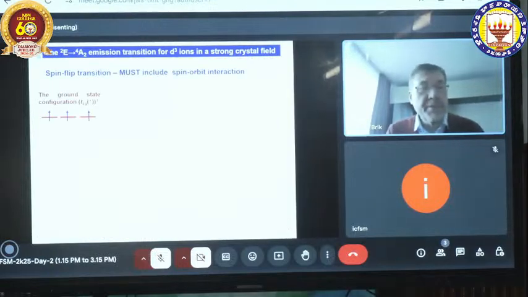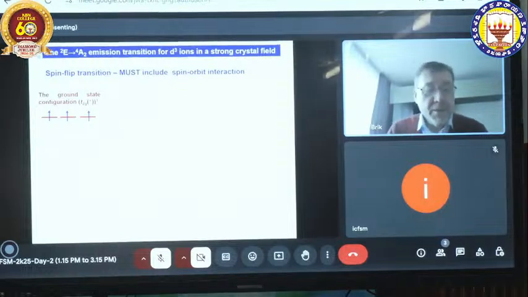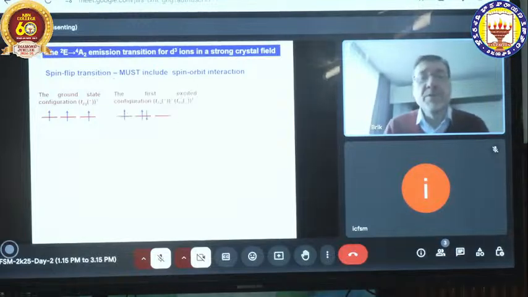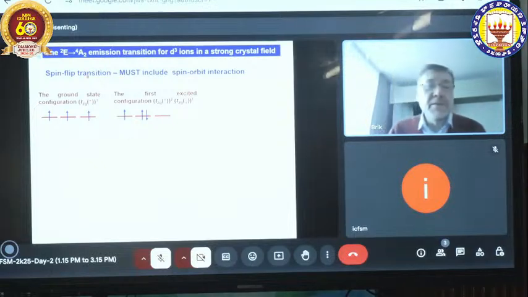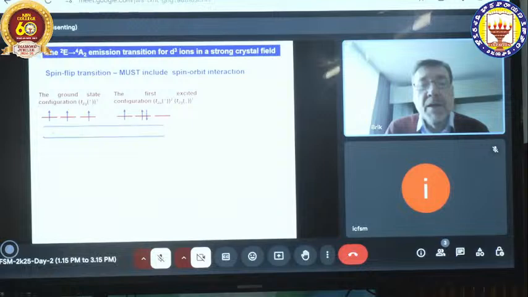If we speak about this spin-flip transition, an essential feature is that it should include the spin-orbit interaction. Now I analyze in some detail the configuration with T2g spin up 2 times and T2g spin down 1 time. Then we have a number of states.